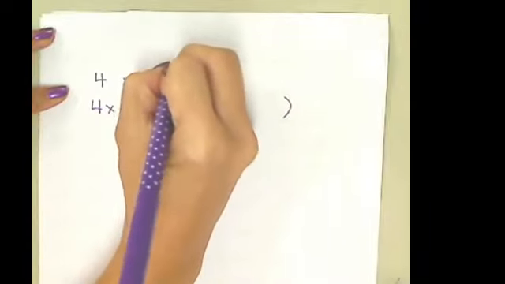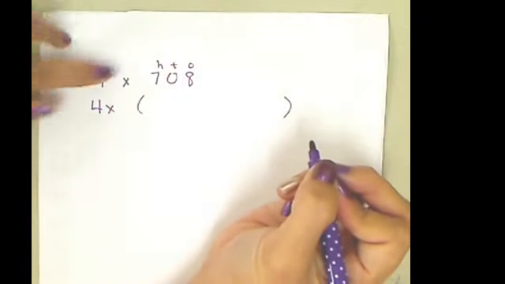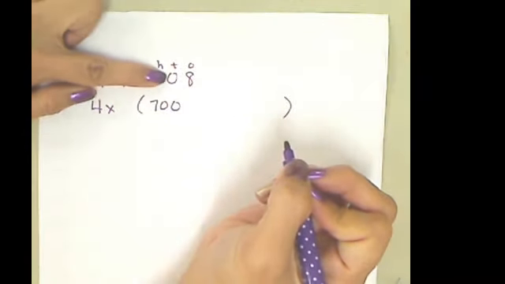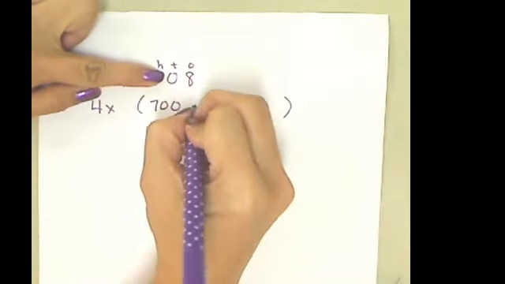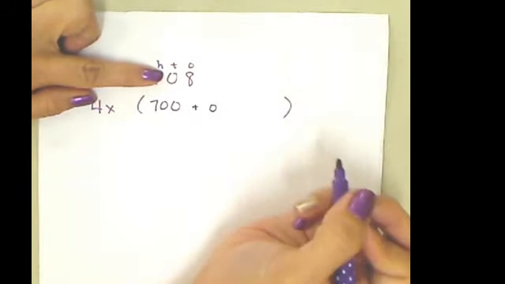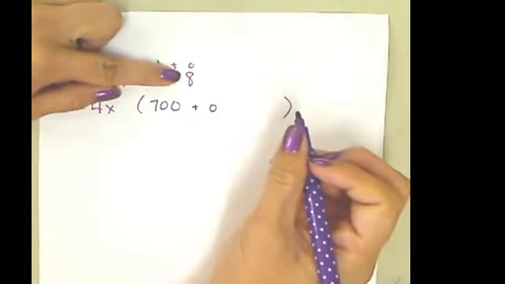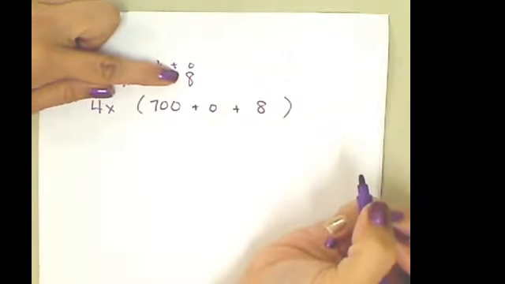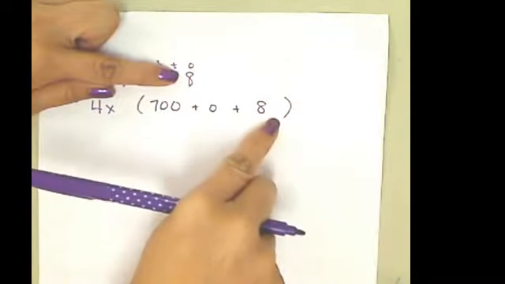If you need to label your place values, you can. 7's in the 100 place. There's nothing in the tens. You can just do this if you want to, or you can just leave it out because you know anything plus 0 is itself. And then the 8 is in the ones place. Okay? So if you just did 700 plus 8, that's fine.